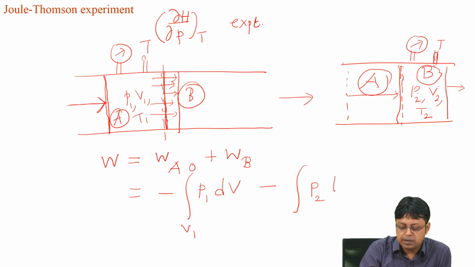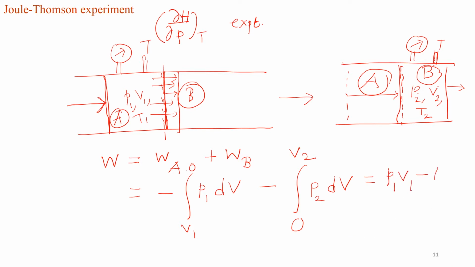So, for this chamber it is P2 times dV, the initial volume was 0, the final volume was V2. Now, we can easily rearrange it. It will rearrange to minus P1 times the change in volume, which is minus V1. So, we will finally get P1 V1 minus P2 V2.